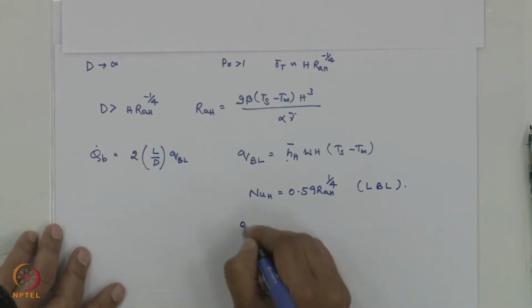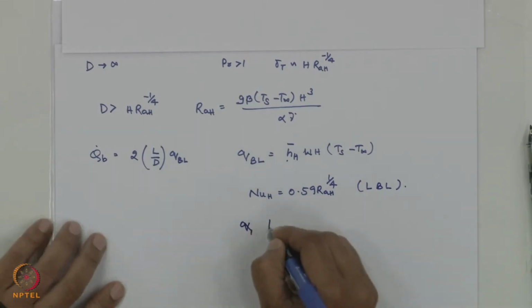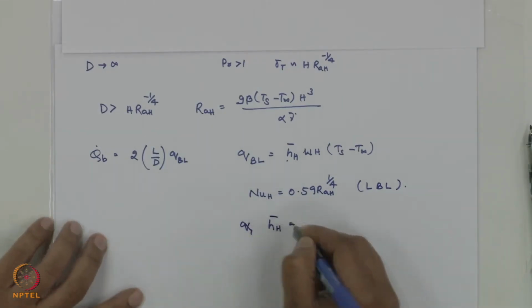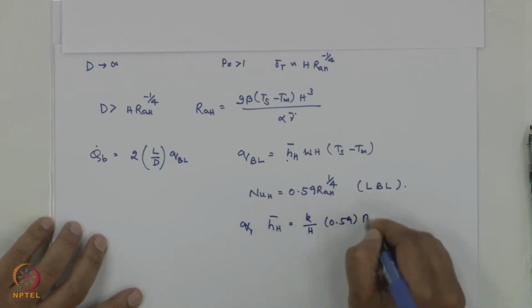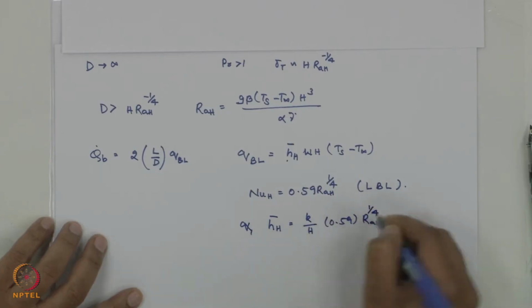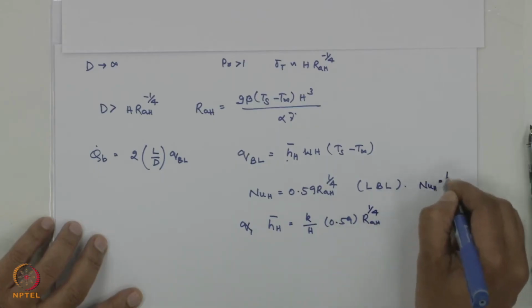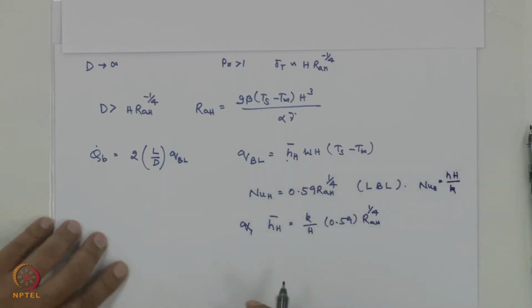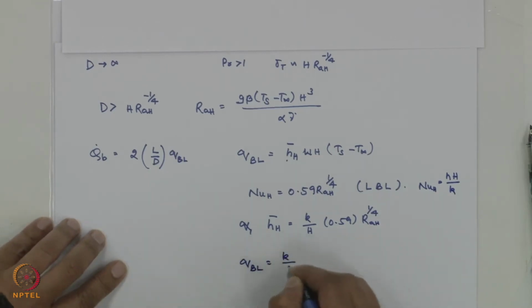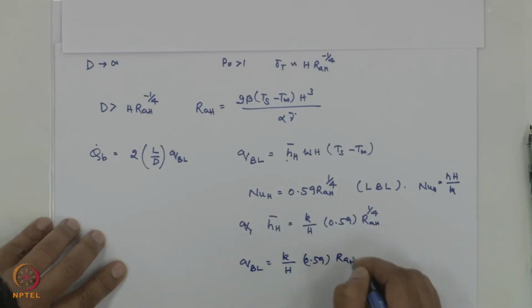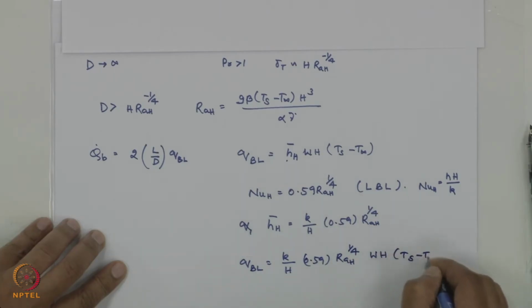So hH bar equal to K by H into 0.59 RaH to the power of 1 by 4, because NuH equal to hH by K. Substituting this, you get QBL equal to K by H into 0.59 into Rayleigh number to the power of 1 by 4 into W into H into Ts minus T infinity.